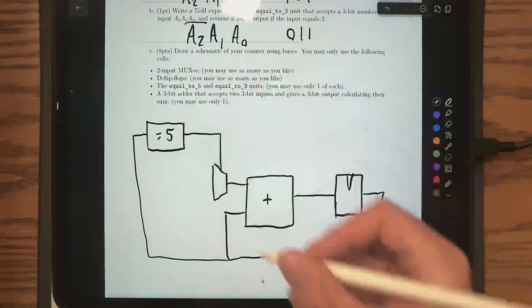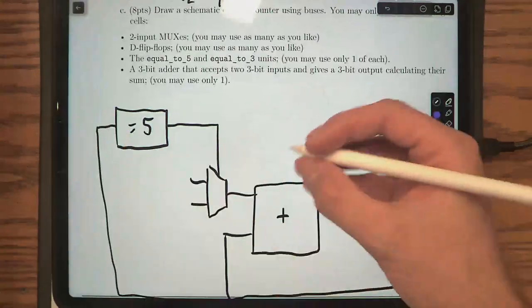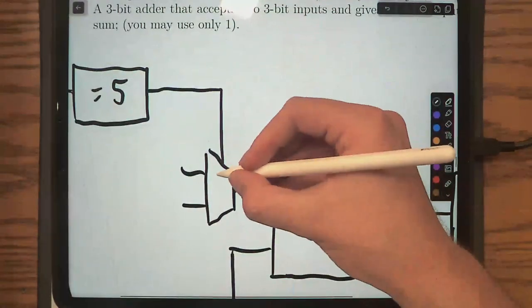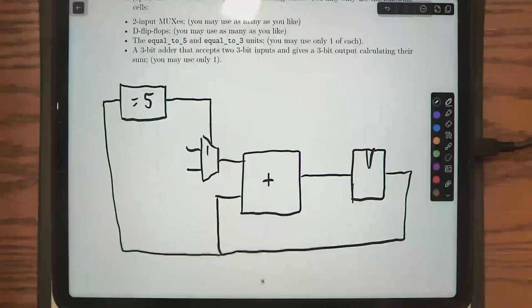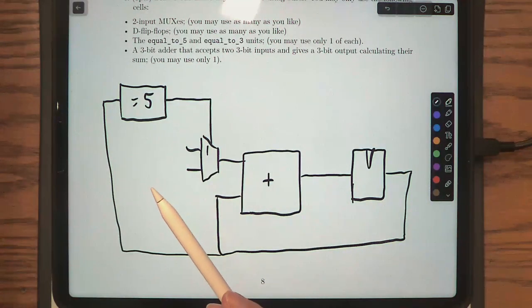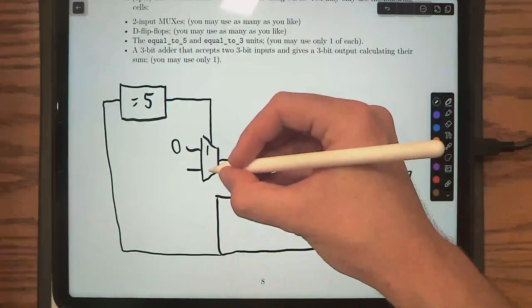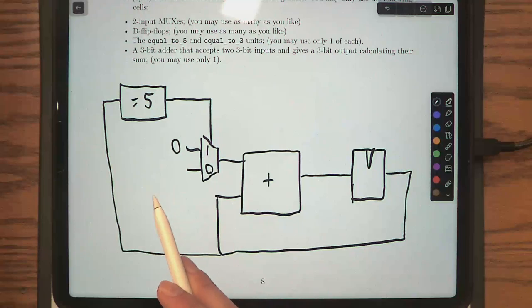Great. Okay, so now we need to decide what happens. If the number is equal to 5, then what do we want to add into our system? We probably don't want to add anything. We want it to freeze, so we can say add 0. If it's not equal to 5, then what do we want to add? 1.